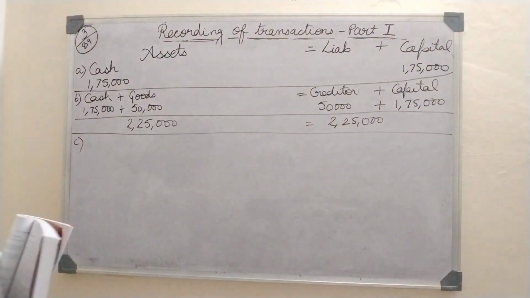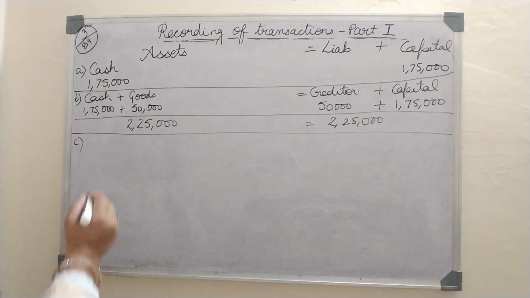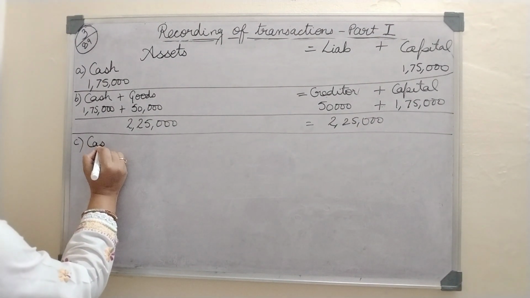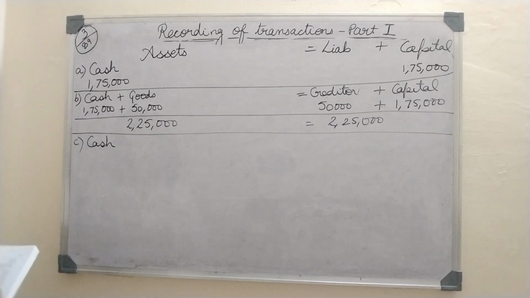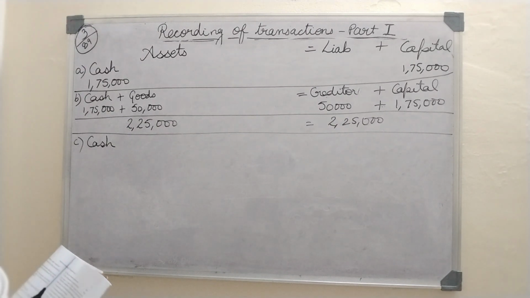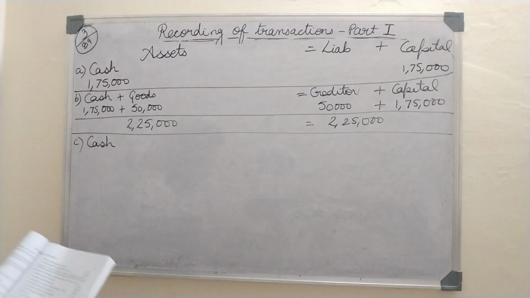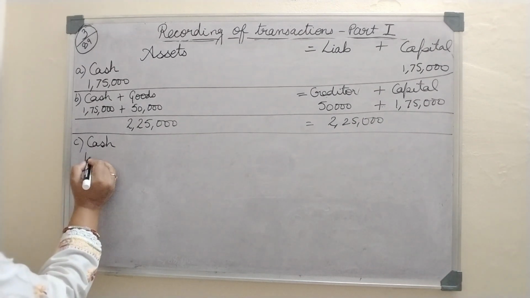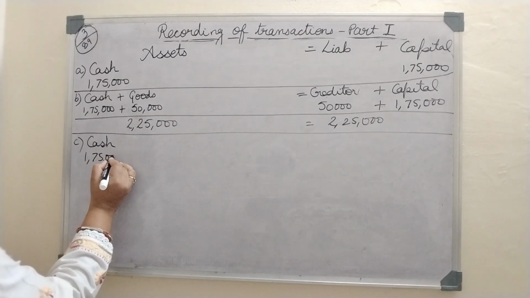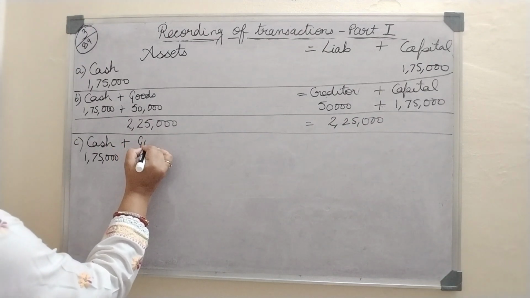So now overall, what effect will this transaction have? The cash is not affected because it is on credit. So he is our debtor. He is going to pay us later. If a name is written, Manish is our debtor. Okay, so cash will come as 1,75,000, plus goods.